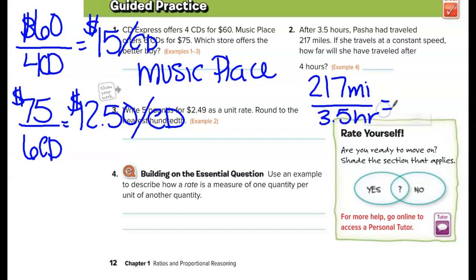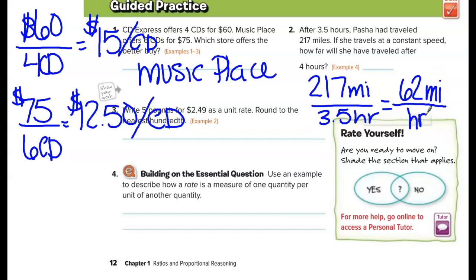So what did you get when you got the unit rate, Aaron? 62. And what did you label it? Miles per hour. Good. So they're driving 62 miles per hour.